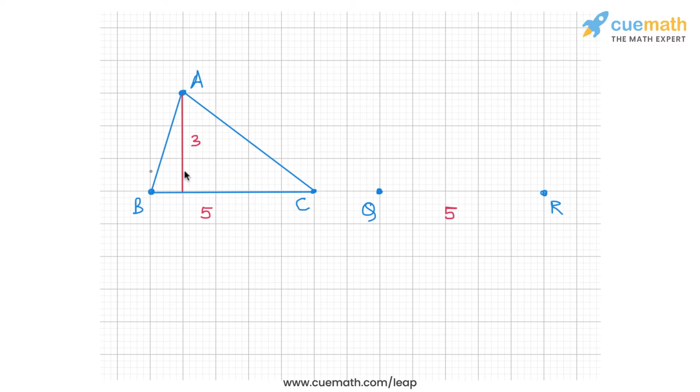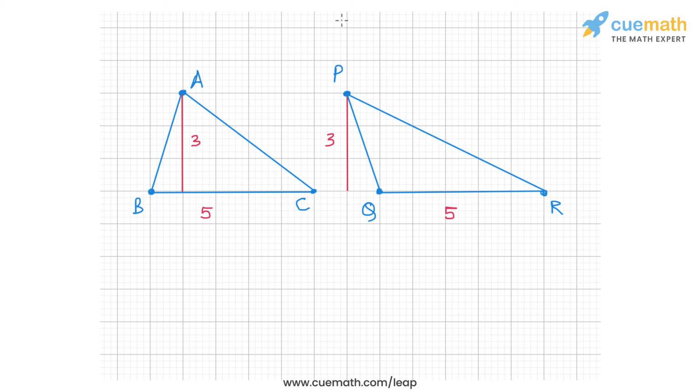And now let's take point P here, let's say, such that the altitude from P, the height from P measured from the side QR, will also be equal to 3 units. And now if we join the vertices of PQR, we will get this triangle PQR.